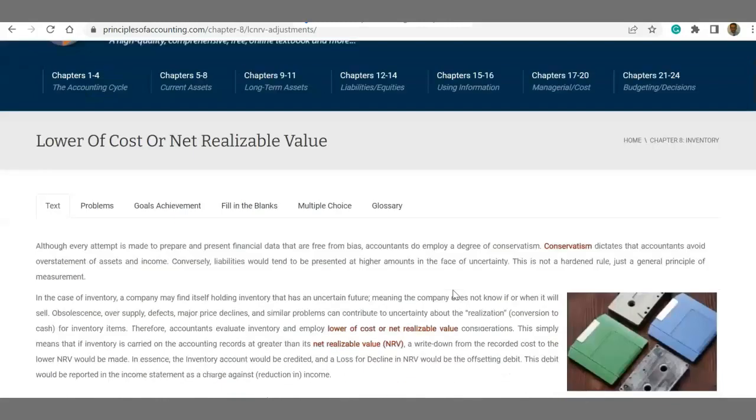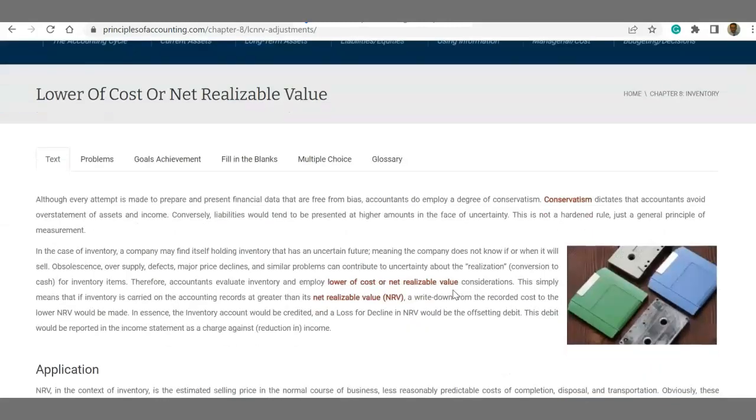Okay. Now, at the end of the year, as a form of being conservative, you have to see what is the difference between cost and the market value of the inventory you have, and choose the lowest one to be in your balance sheet. So if the cost is lower, you go with the cost, no problem.